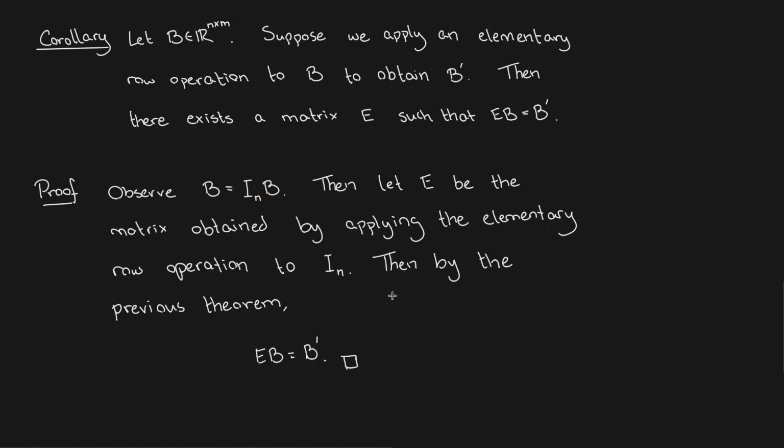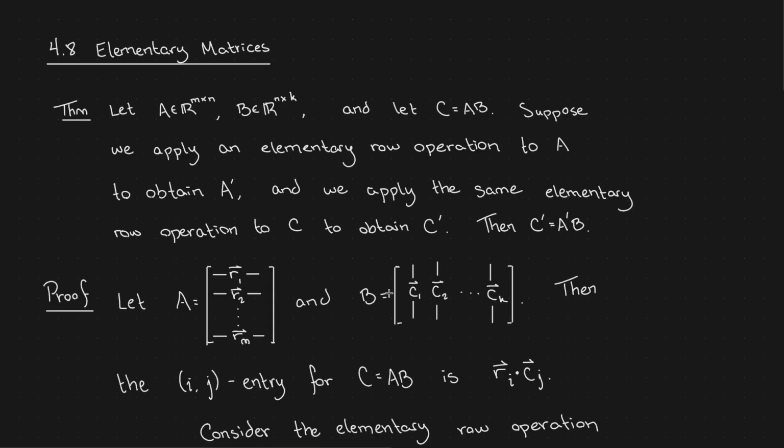The original theorem said that if we apply a row operation to the product, that's the same as applying it to just the first matrix in the product and then taking the product. So I could, in other words, take the elementary row operation, apply it after I multiply matrices A and B, or I could apply it to just the matrix on the left and then multiply matrix B.